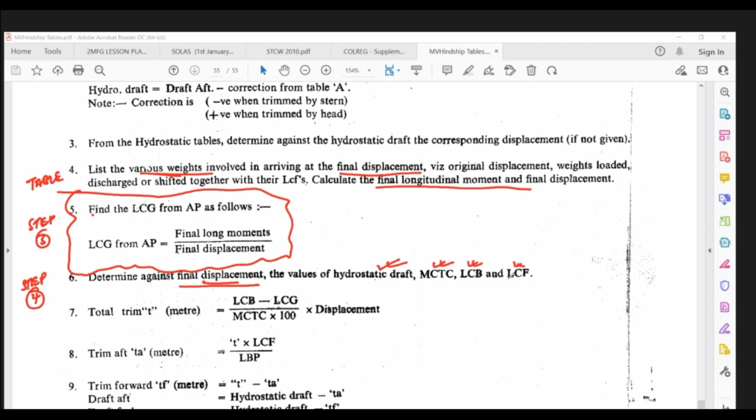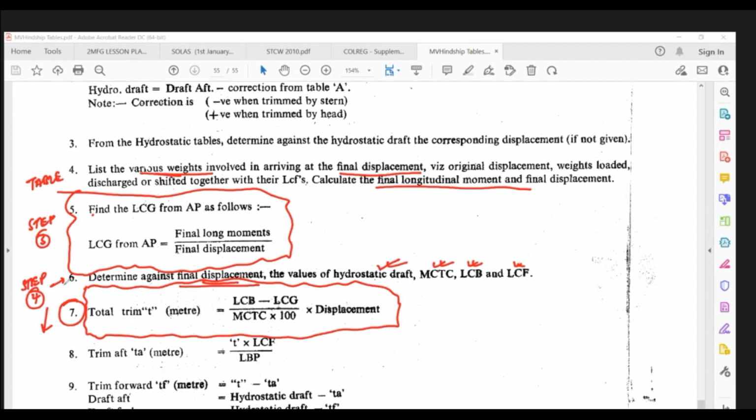That is number 6. Now look, point number 7, they have given you the formula which we are going to use. And this is the reason why we like to remember it as formula number 7.